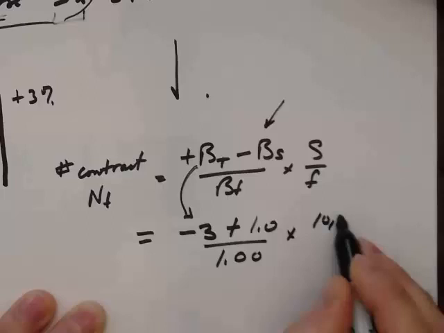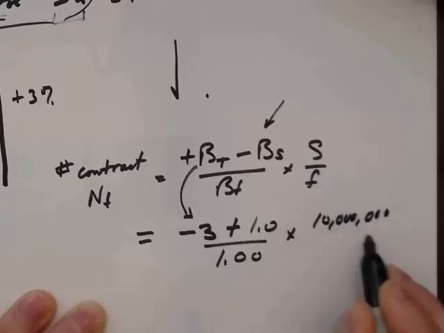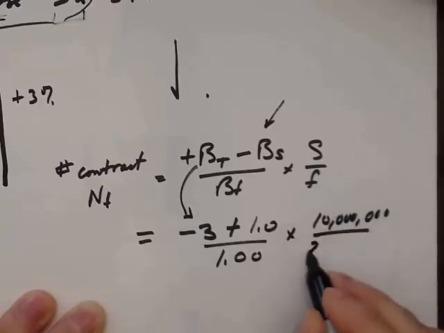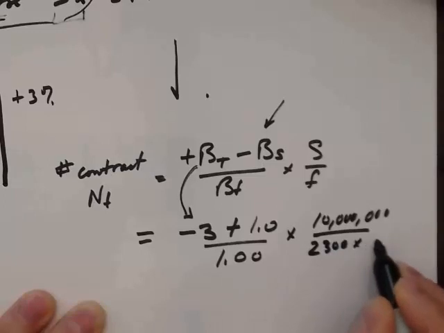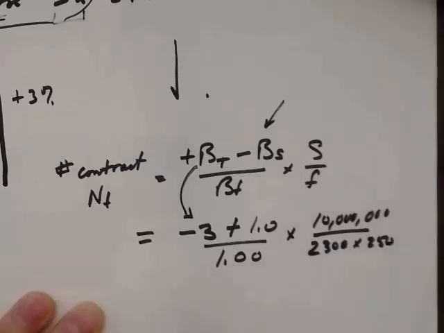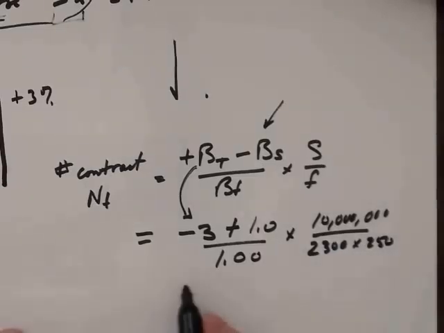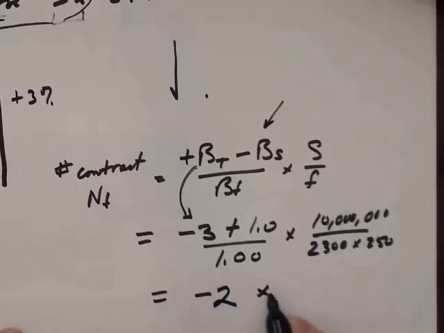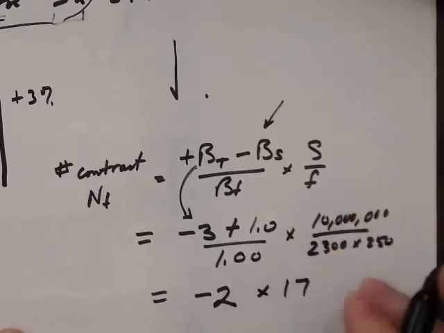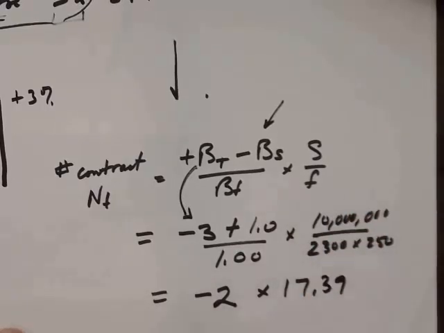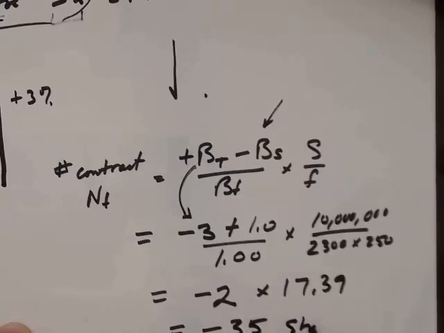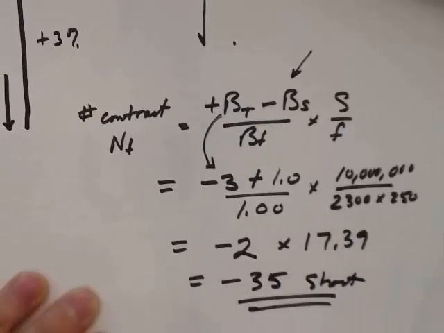The portfolio is $10 million relative to the contract size, 2,300 times 250. That means we need to go minus 2 contracts, right? And then once we adjust for the size of the portfolio differences, the contracts relative to the portfolio, we need to short about 35 contracts. 35 contracts short.